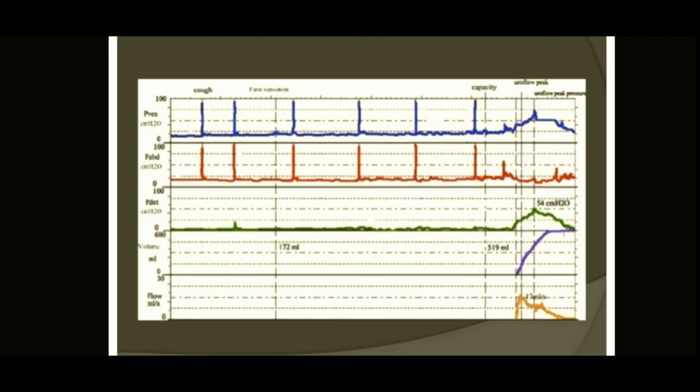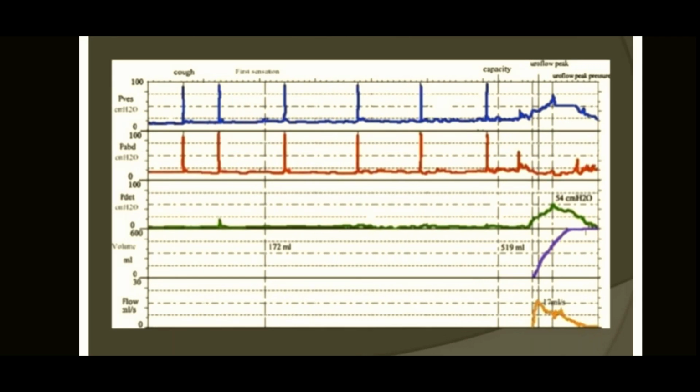See, the color coding is not the same for all the labs, so do not assume any color coding. Always check what they have written at the end of the graph. So the blue one here is the bladder, the red one is the abdomen, and the green one is the detrusor. See how the things are changing when the patient is asked to cough.